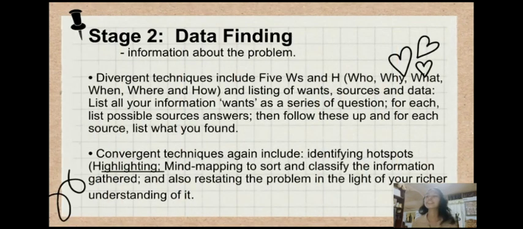Then the next stage is data finding, where we gather information about the problem. We uncover and collect information, knowledge, facts, feelings, ideas, or thoughts about the mess. Since in stage 1, we identify what is our mess, or the obstacles that we need to tackle. Then, what information do you have regarding the situation, or what else do you need to know?